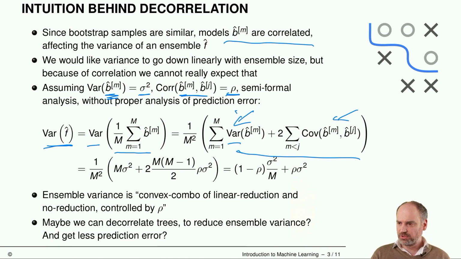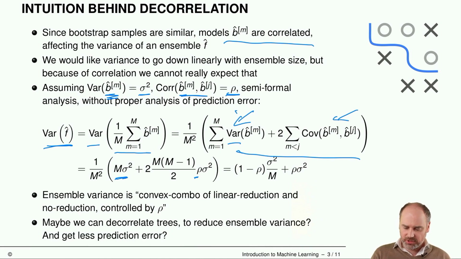And now the only thing I will do is insert my constants, my abbreviations. So the variance of b hat m, that's supposed to be sigma squared, so I'll insert that here. And now there's a sum over m of these things, so it's capital M times sigma squared. I can also insert my correlation here. Now I have to be a little bit careful, because correlation is not the same as covariance.